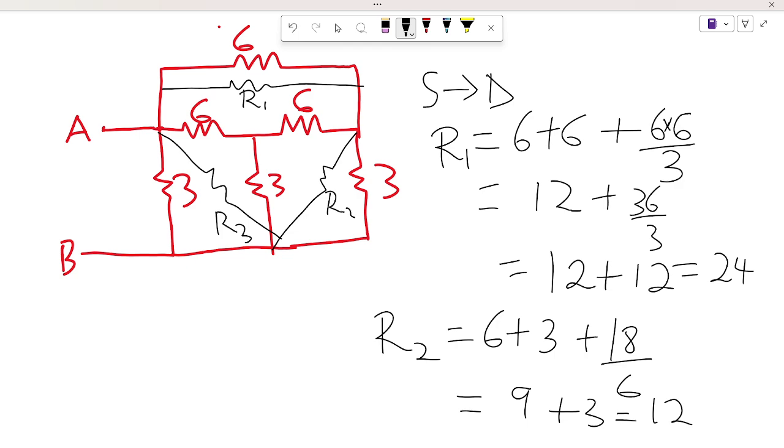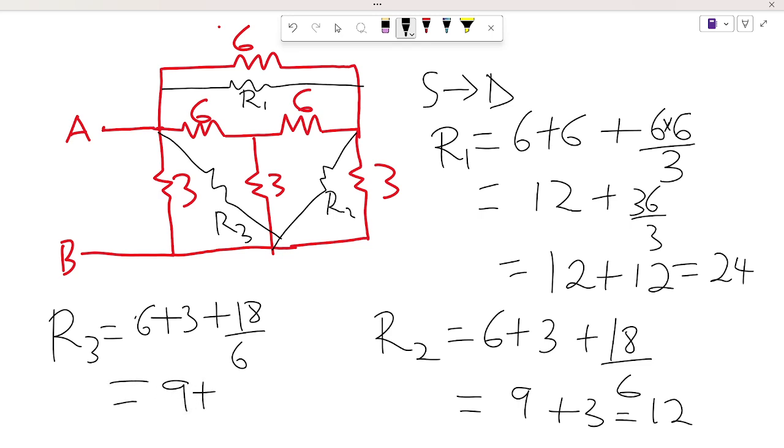In the next one, so that's the R3, it's going to be similar to the R2. 6 plus 3 plus 6 times 3 is 18 all over 6. Then we are going to have 9 plus 3, which is going to give us about 12. Okay, so let me clear this part.